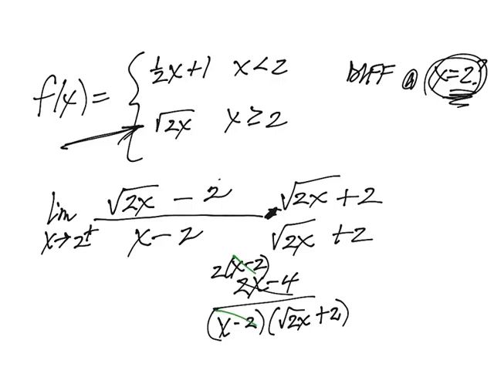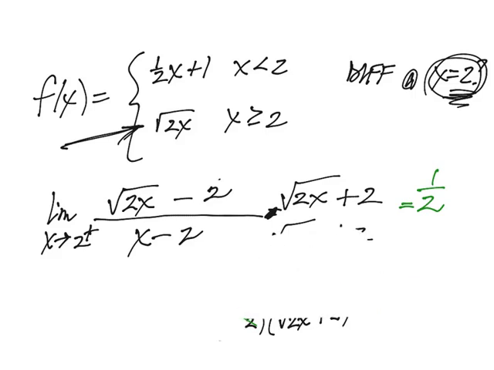And then what I'm going to do is I'm going to cancel the x minus 2's. And then I plug in 2, and I get 2 on the top, and I get 2 plus 2 on the bottom, or 1/2. So I have a slope of 1/2 as I approach 2 from the right-hand side. Now I just want to make some room here.